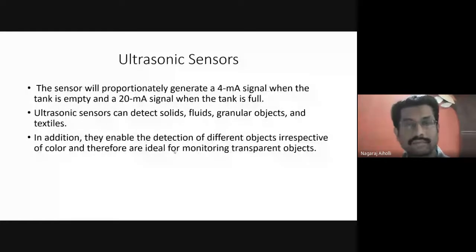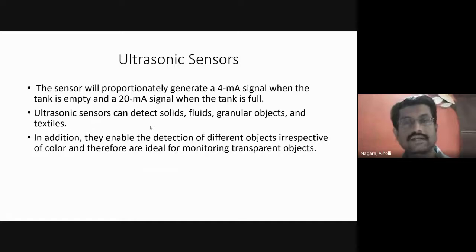The sensor will proportionately generate a 4 milliampere signal when the tank is empty and 20 milliampere when the tank is full. These ultrasonic sensors are able to detect solid objects, fluid objects, granular objects, and textile objects.